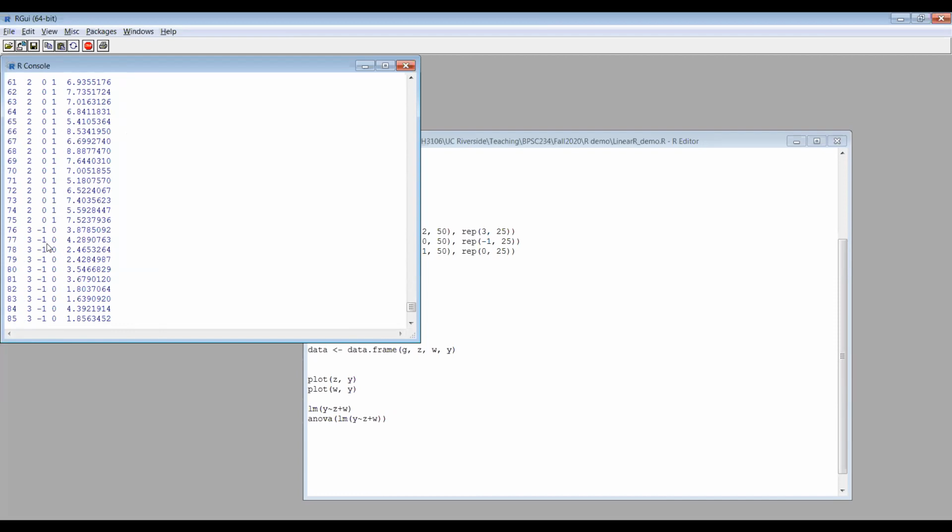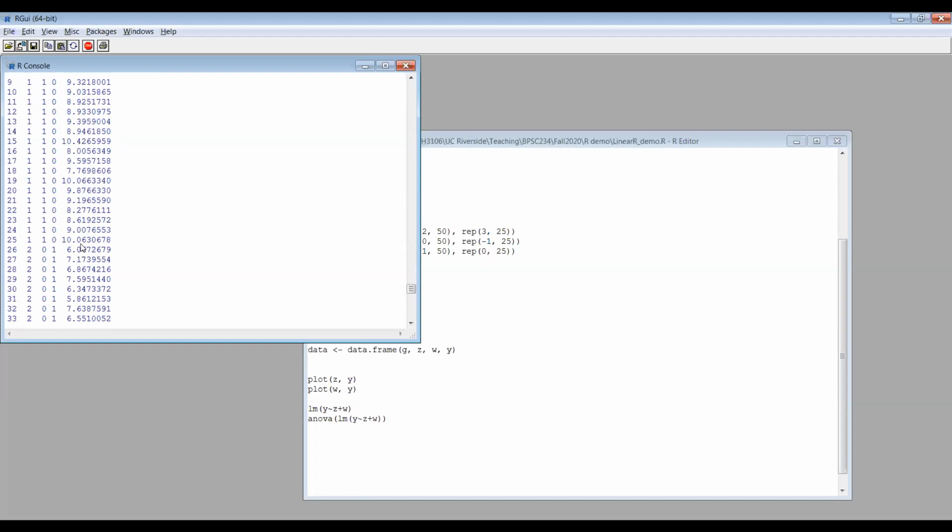Now for the last 25 individuals, this represents the third genotype, which has the minus 1 additive effect. That's why Z equals minus 1 for these, but the dominance effect is gone, so we put W equals 0 for the last 25. Does that make sense?